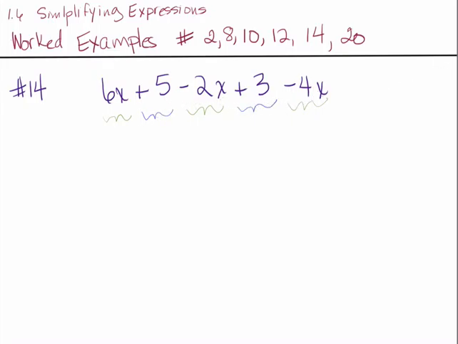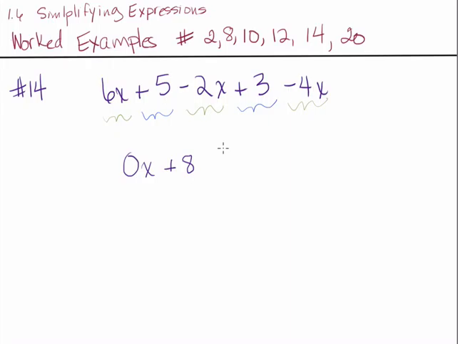If I use the rule that the terms in my answer should be in alphabetical order with constants at the end, then I should put my x's first. It looks like I have 6 x's in this pile, and then I spend 2 of them, or take 2 away. That would leave me with 4 x's. At the very end, I take an additional 4 away, which would leave me with no x's. I can write 0x as my term with x in it. For my ones, I have 5 and 3. Plus 5 plus 3 is 8.